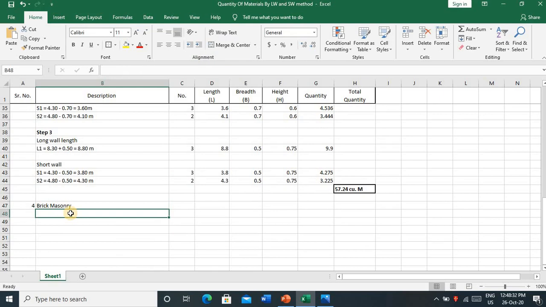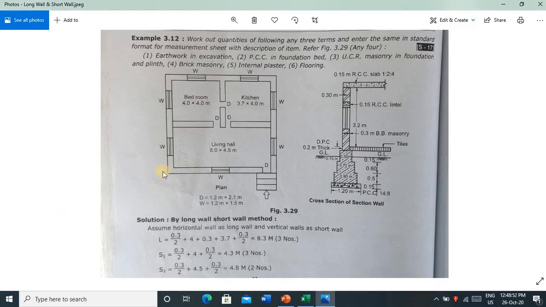Again, for long wall, length is L1, the length was 8.30 plus width of item. What is the width of item? Width of brickwork is 0.30 meters.